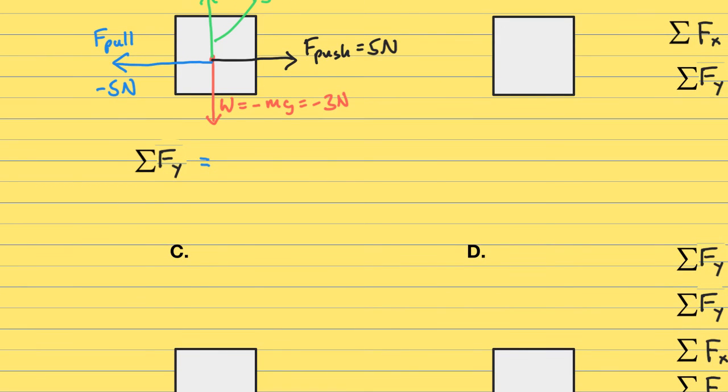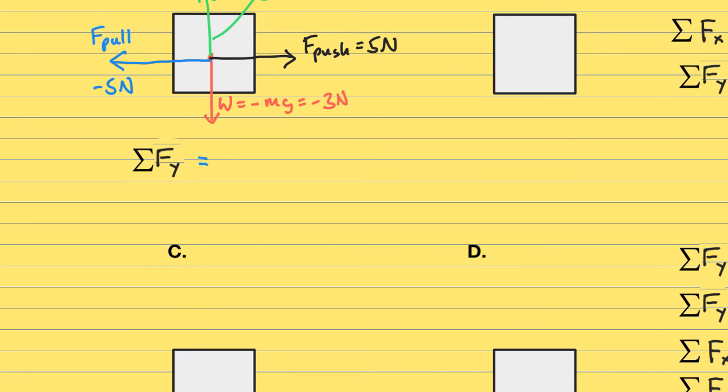Okay, so summation of forces in the y direction is going to be equal to, we'll start with normal force. Doesn't matter. So that's positive 3 newtons minus or plus negative 3 newtons, but we'll just call it minus 3 newtons. And that's going to be equal to 0. So we have 0 net force in the y direction.